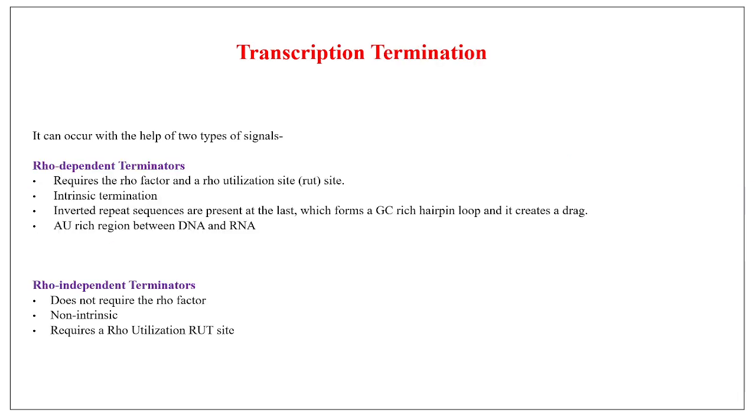Then we come to transcription termination. Now, transcription termination can take place by two methods. The first one is the rho dependent method, and the second one is the rho independent method.